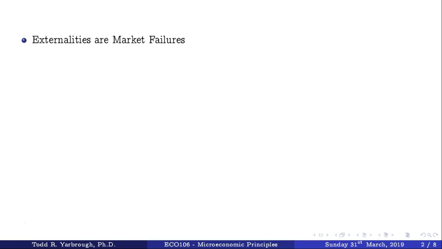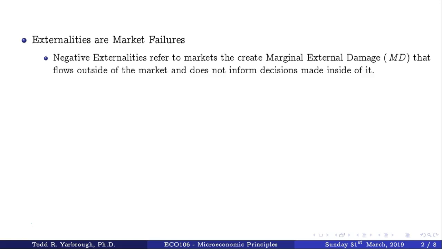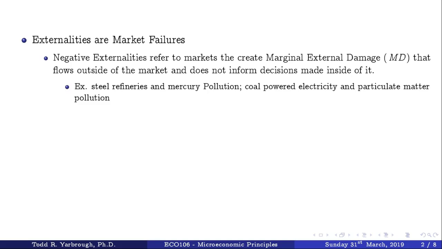Externalities are market failures, similar to information asymmetries, which we've previously discussed, and similar to market power, which we'll discuss in the future. Externalities are a source of social inefficiency because markets fail to maximize social efficiency. Negative externalities refer to markets that create marginal external damage. This is damage that goes outside of the market and does not make it back into the market to inform decisions. Basic examples of these are steel refineries, which dump mercury, and coal-powered electricity, which produces particulate matter pollution.